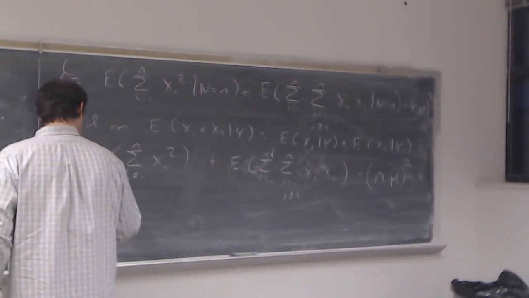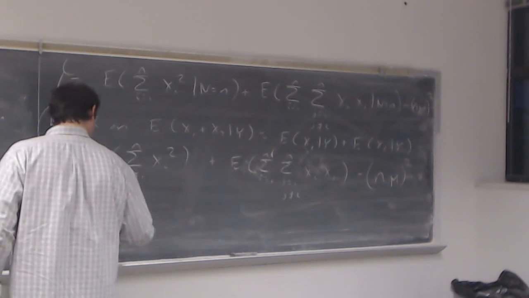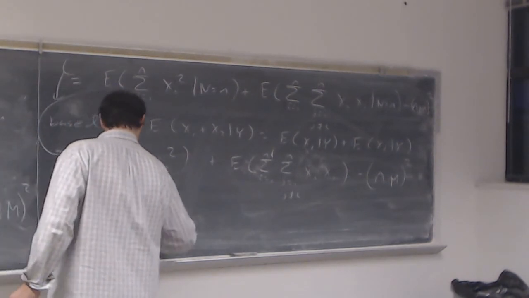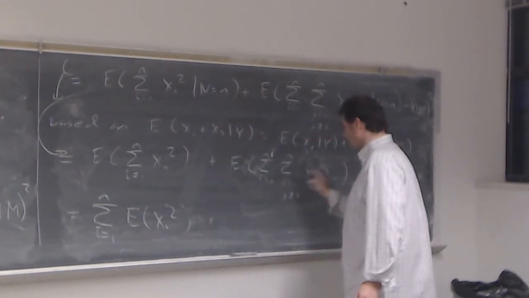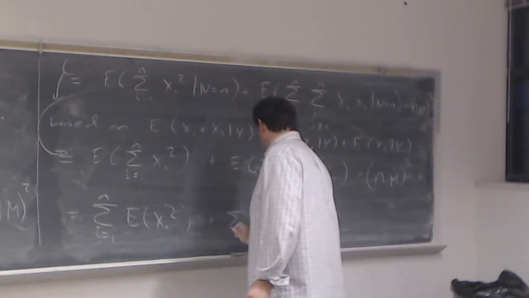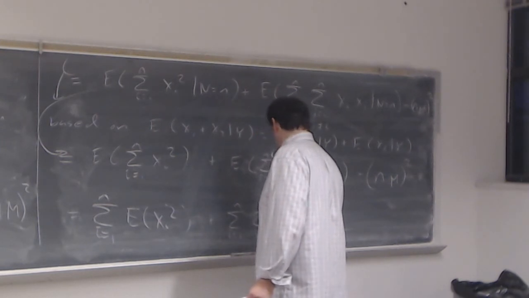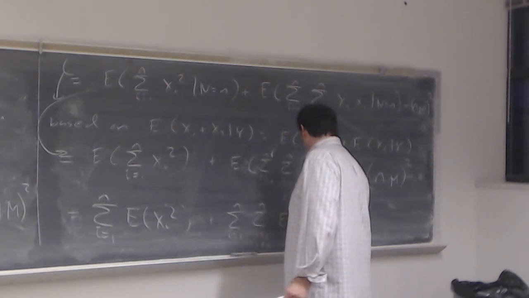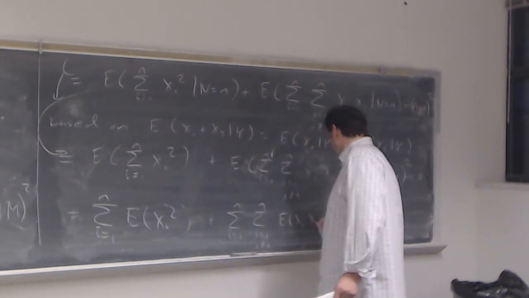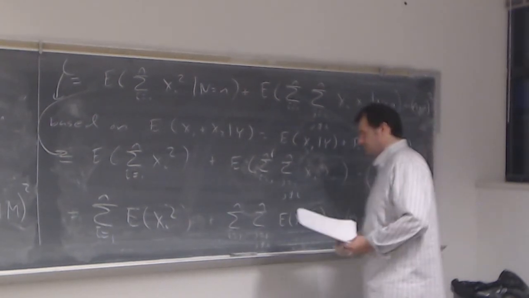This is the expected value of the sum, which is the sum of the expected value. Here, I can pull the expected value inside, so the double sum of the expected value of x_i x_j minus n times mu b squared.